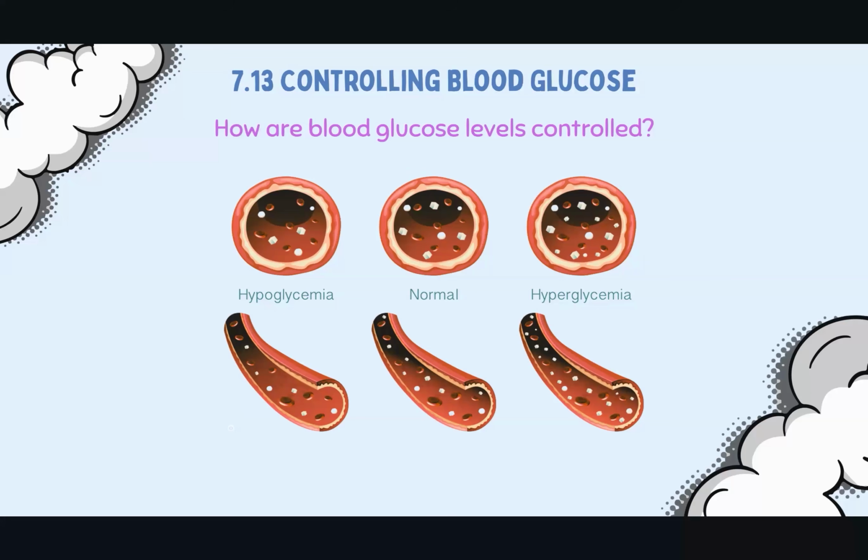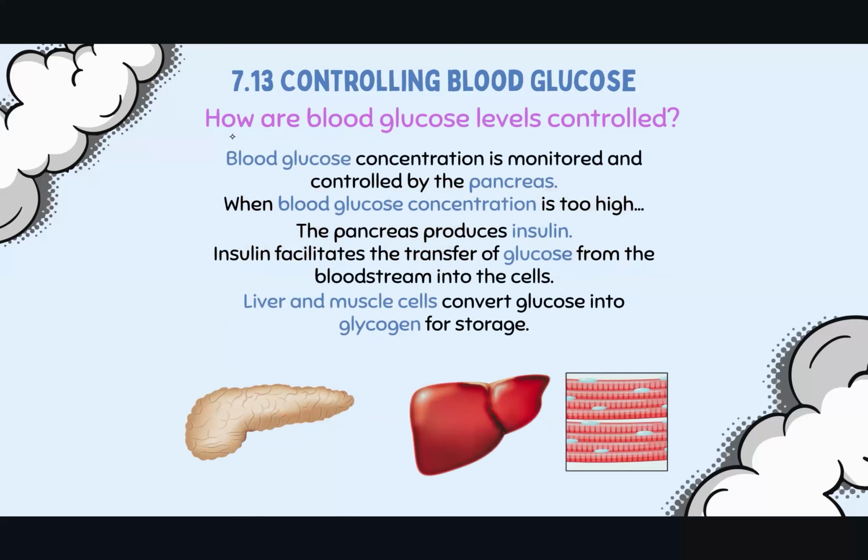So hypoglycemia, when we don't have enough sugar in our blood, and hyperglycemia, when we've got too much sugar in our blood. Both can cause illness. Both are important to understand. So how are blood glucose levels controlled? Blood glucose concentration is monitored and controlled by the pancreas.